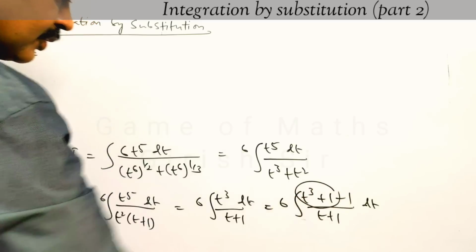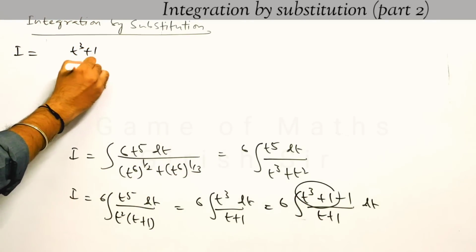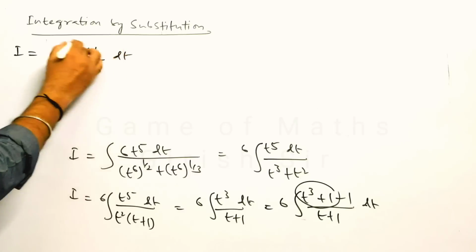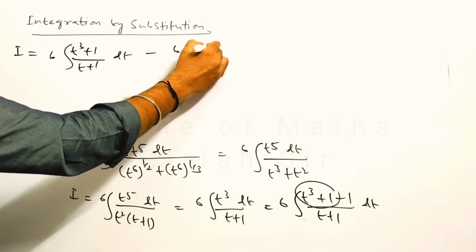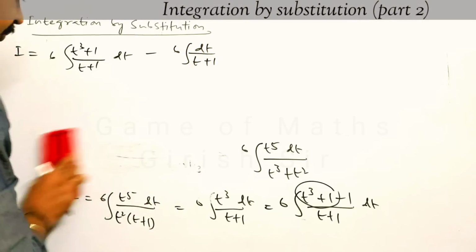Now this integral I am going to split into two parts, t cube plus 1 divided by t plus 1. This is how I have split it into two parts.